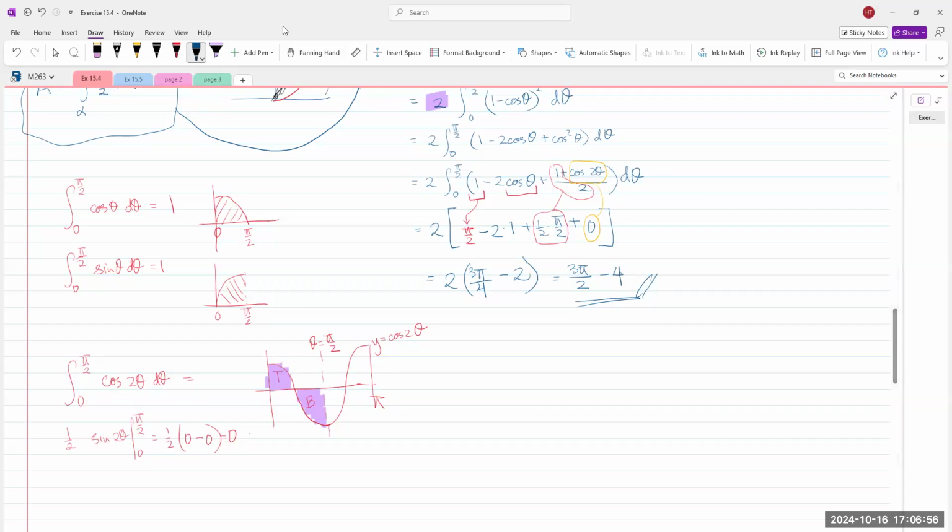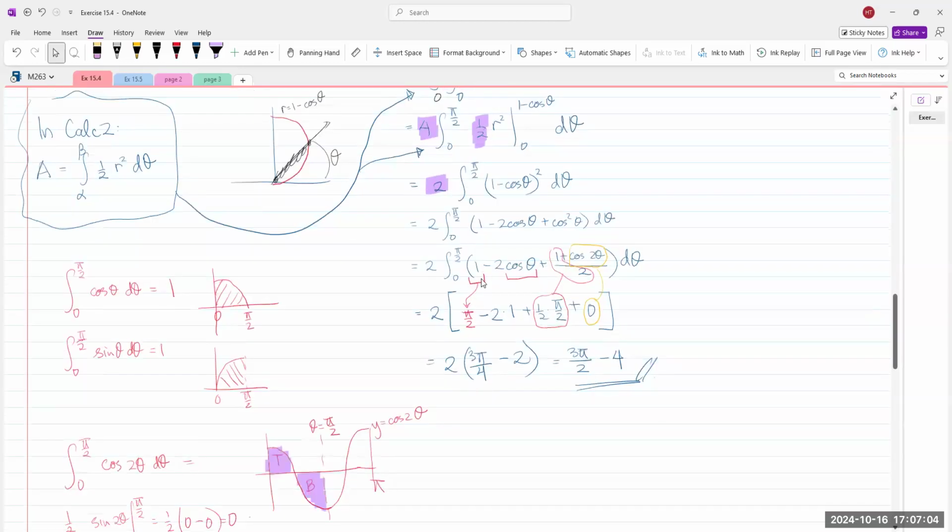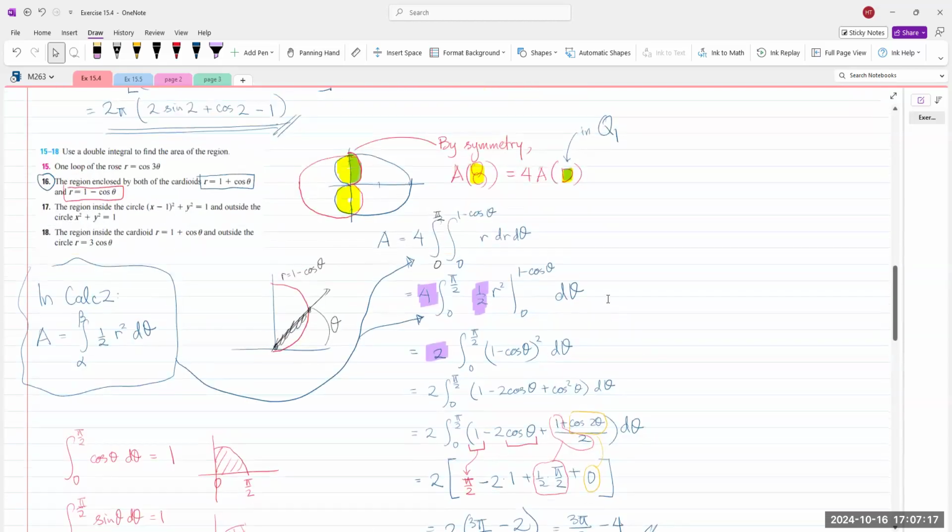Now you see that I can be efficient in my computation if I know some little fact. Otherwise, you need to write a lot more: what is the integral of cosine, what is the integral of cosine 2 theta, and then you plug in 0, you plug in pi over 2. It's too much unnecessary work.